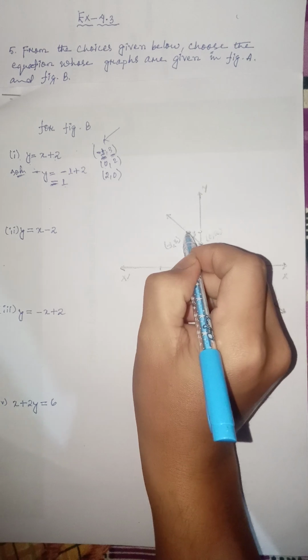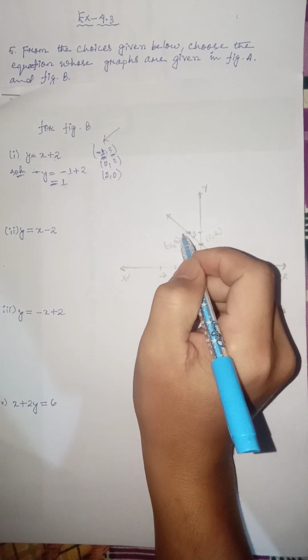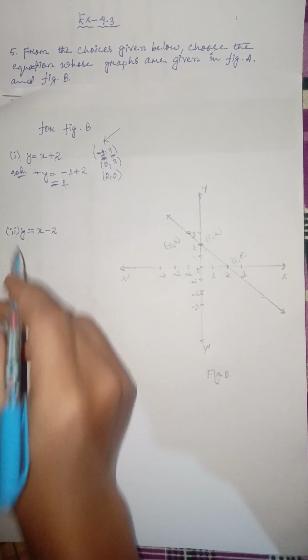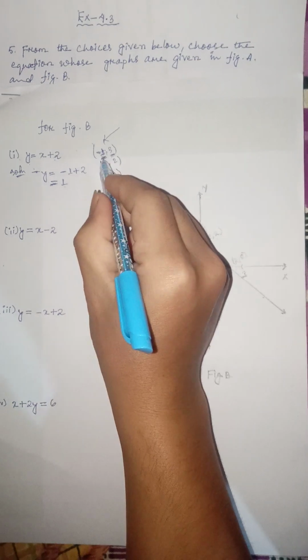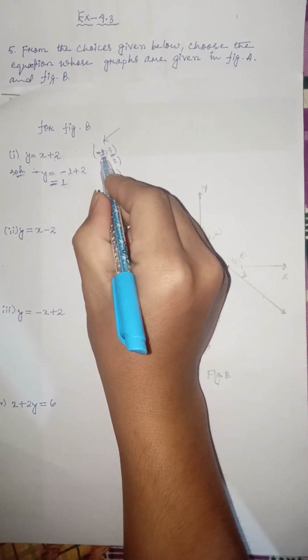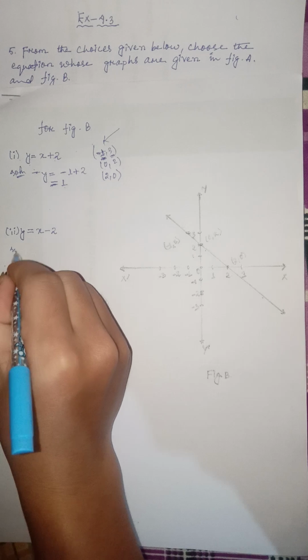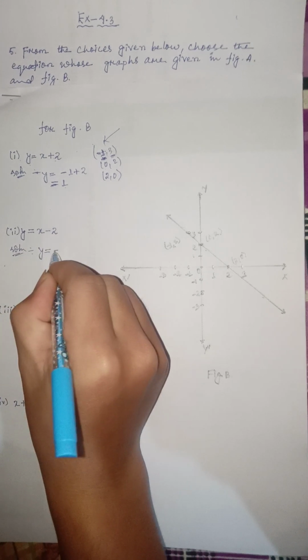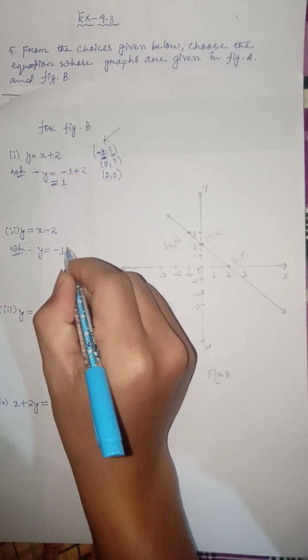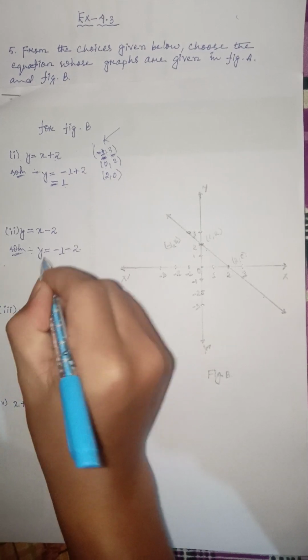Alright, let us move to the next step, which is Roman number 2. Same as what we did in Roman number 1, first let us put x is equal to minus 1 and check.